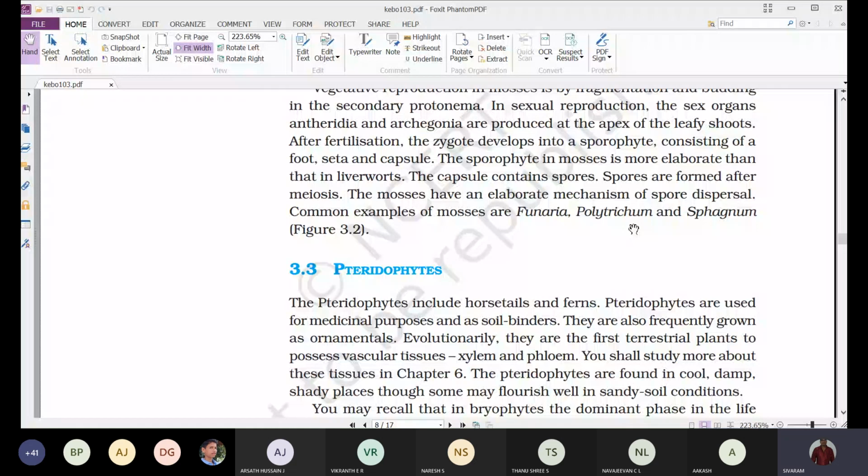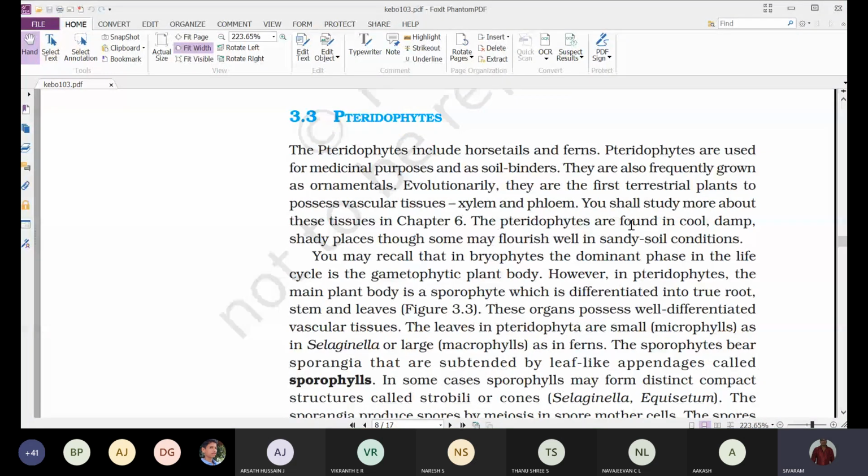So the pteridophytes include horsetails and ferns. That means they are commonly called horsetails. When you observe a horsetail, how the horsetail looks, in the same manner these plants are observed.